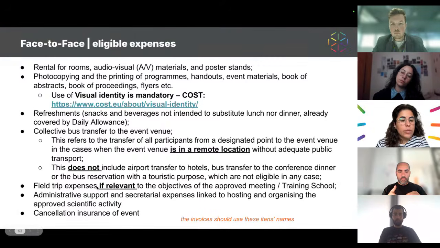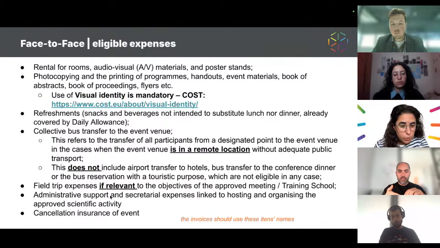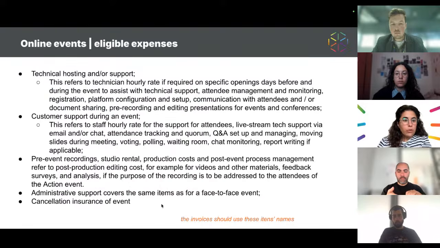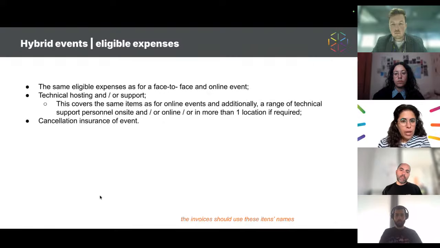Field trip expenses, whenever relevant to the objectives of the approved meeting or the training school. It also includes administrative support and cancellation insurance of the event. We also have another set of eligible expenses for online events, which you can see later on, and also for hybrid events.